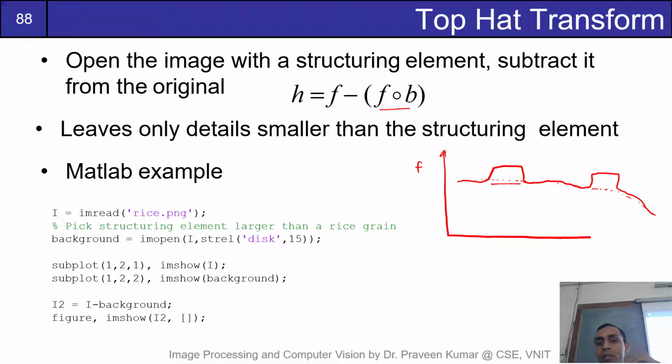So this dotted curve will be our opened curve. Now if I subtract it from the original image, the opening operation gives us only the background, and subtracting it from the original image gives back only these bumps, which are basically your objects. Let me show you the example, it will become more clear.